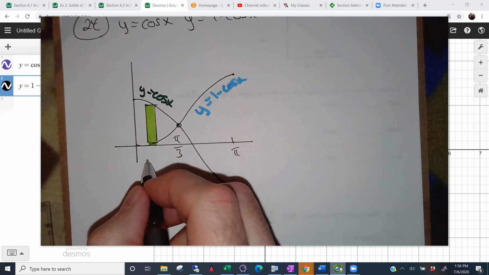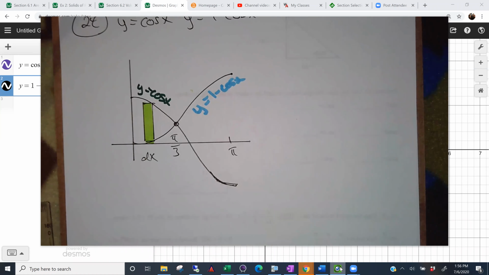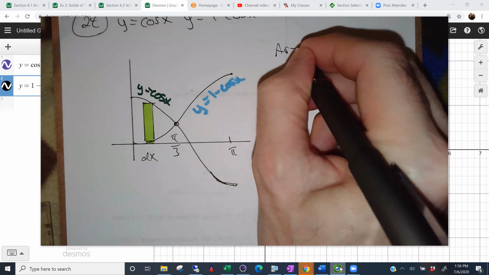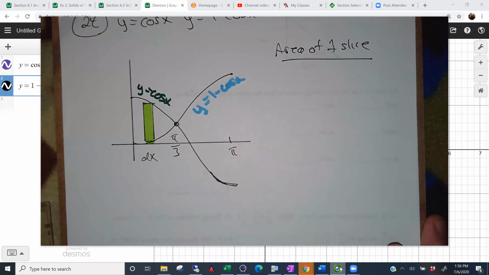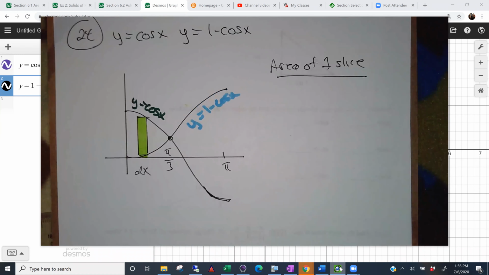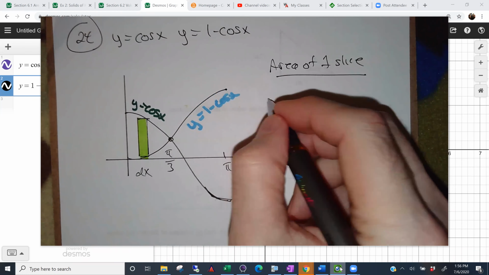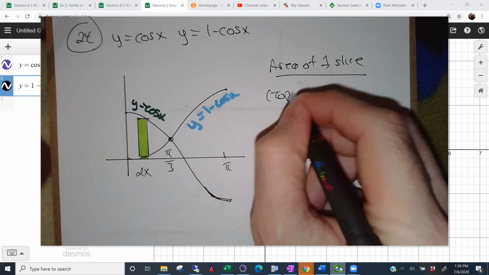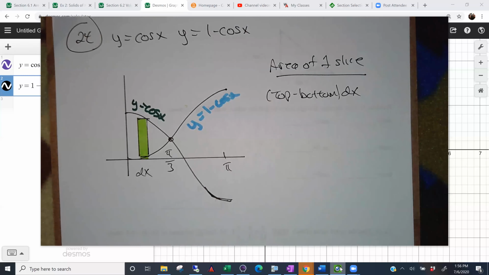What's the thickness of my slice? Is that a dx slice or dy? Thank you, Michael, dx. All right, so area of one slice. Okay, so it's going to be top minus bottom times the thickness, top minus bottom times, let's just put it in right away, dx.